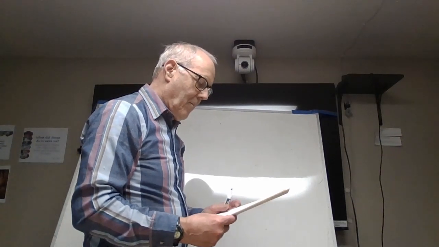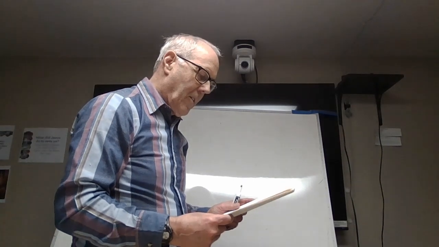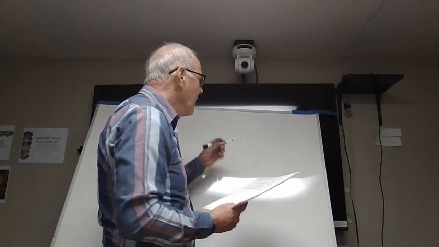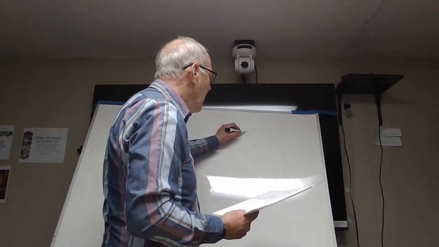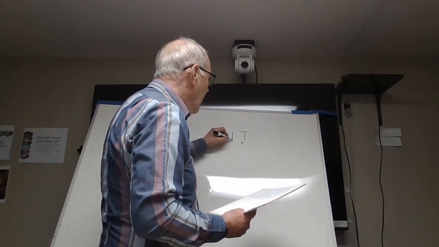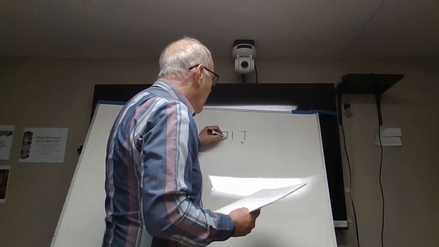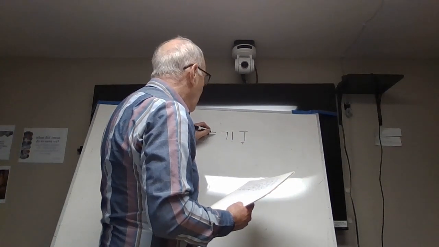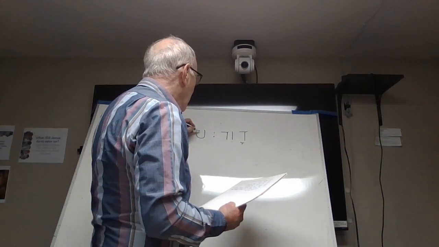Because it says write in your best Hebrew. Write it just like it is. You copy it, underneath it or on another piece of paper. Put a piece of paper underneath so you'll pick up the grain of the wood.